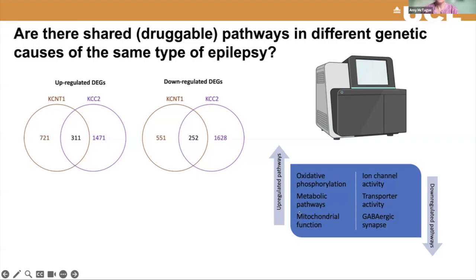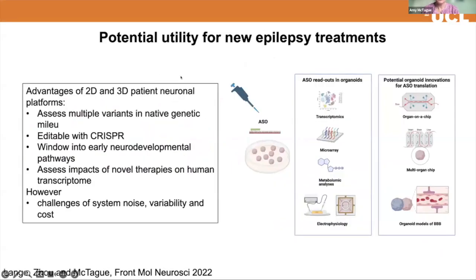We found some evidence of upregulation of oxidative phosphorylation and particularly of mitochondrial dysfunction, which we're investigating with further functional assays. And unsurprisingly, we saw downregulation of GABAergic synapse formation, which is common between these two different genetic causes of the same epilepsy.